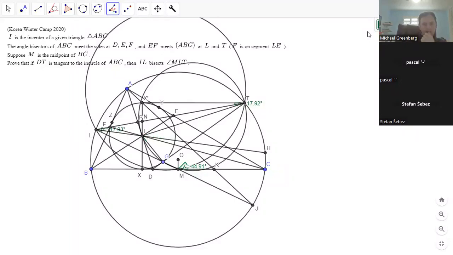I'm confused. Wait, so we have CMT. Oh, because that's not 180 minus it. That's why.